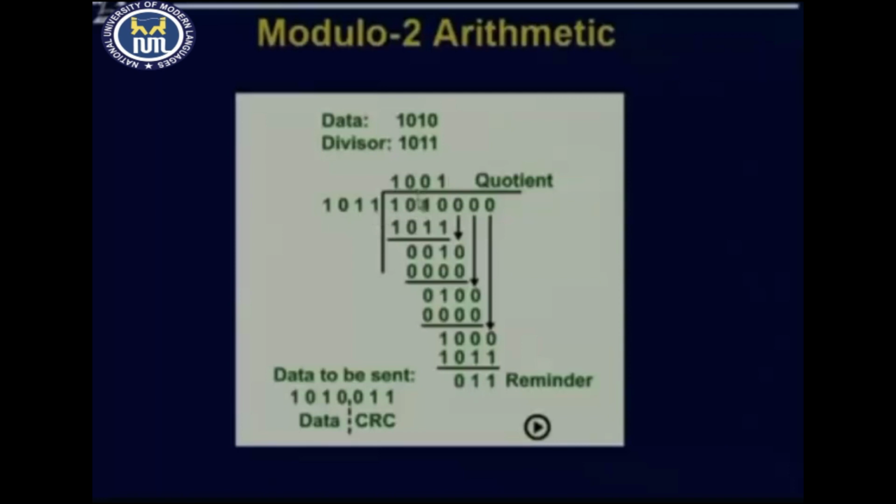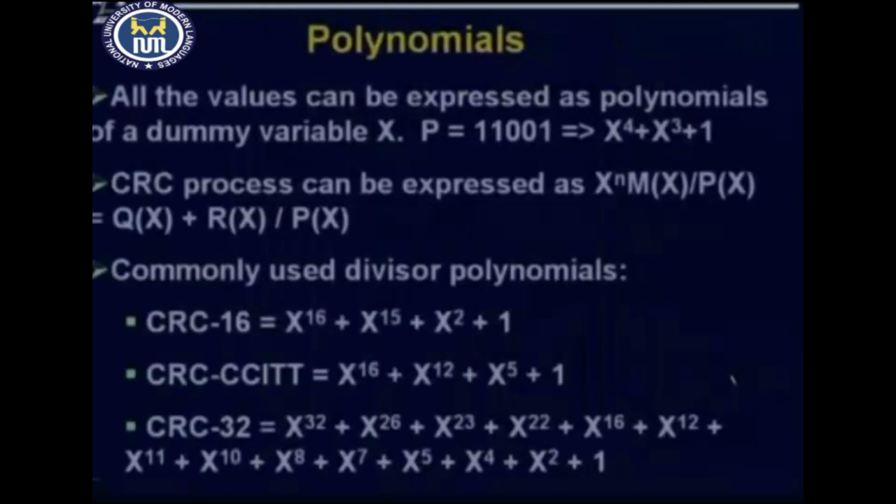It is divided by 1011. If we do the division the same way, we will get the remainder, which is 011 in this example. So here we have generated the CRC, and we will do a similar process at the receiving end to see if the data is correct or not.